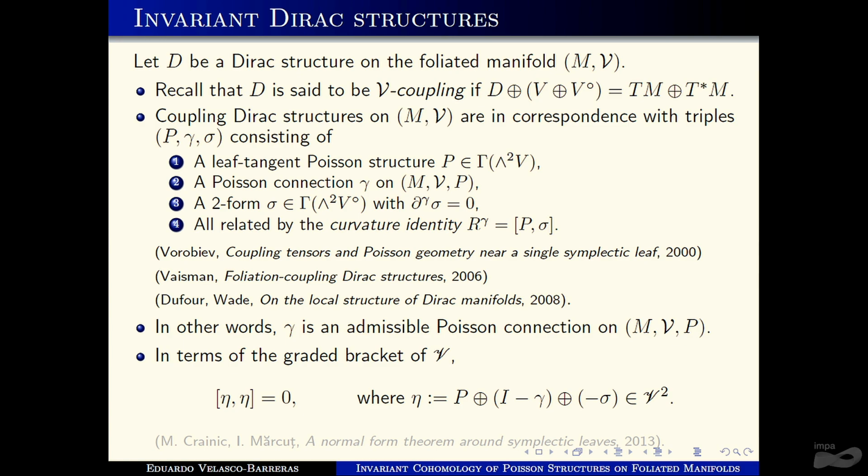For this element, all four conditions are equivalent to this single equation. This description was presented by Crainic and Marcut, again in the context of Dirac structures on foliated manifolds.